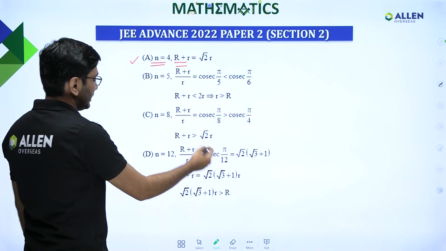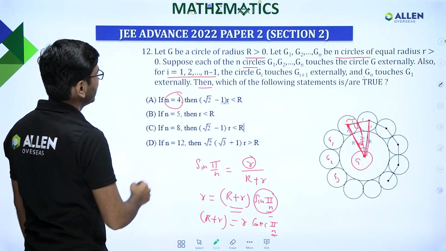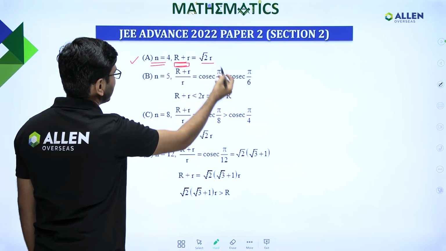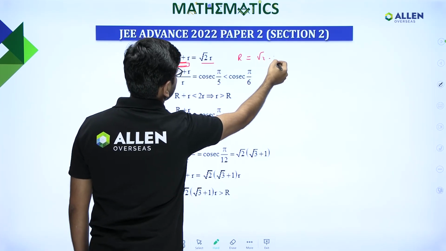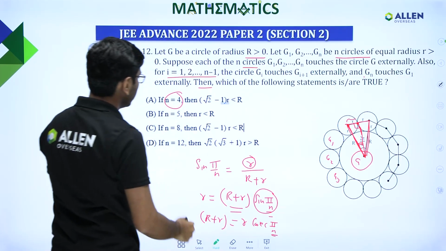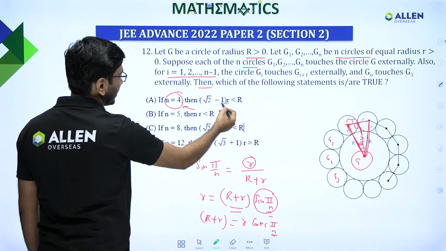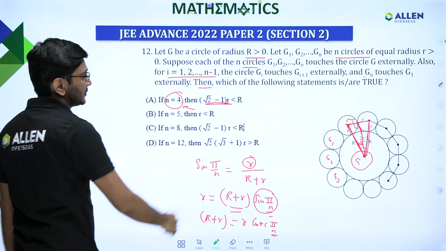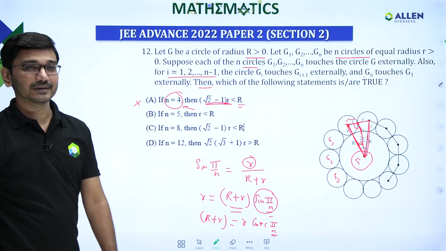So if you put n value as 4 for the first option, you will get capital R plus small r equal to root 2 r. So you will definitely get capital R equal to root 2 minus 1 times small r. But the first option is saying that when n is equal to 4, small r times root 2 minus 1 should be less than r, but we are getting equal to, therefore I would say that option A is wrong for this question.